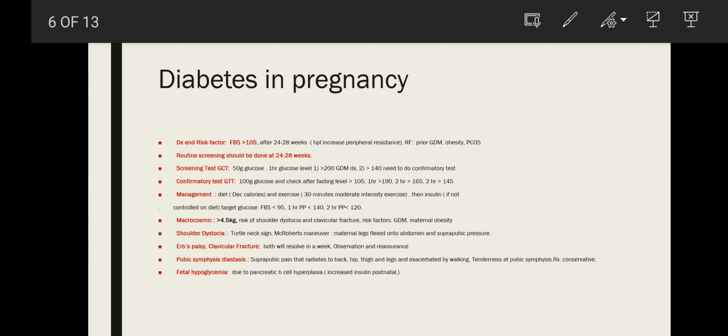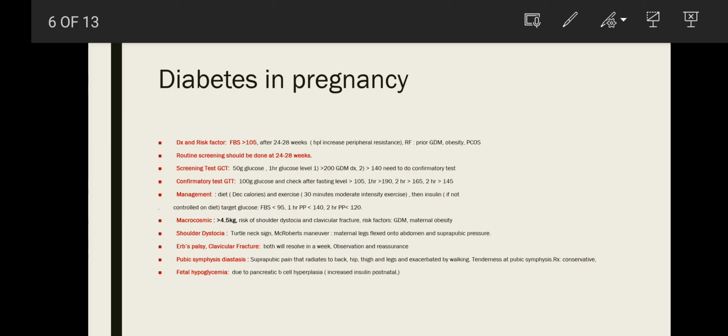Another condition is pubic symphysis diastasis, in which there is suprapubic pain which radiates to the back, hip, thigh and legs, and this pain is exacerbated by walking. We manage it conservatively with painkillers. This will resolve with time. All you need to do is give painkillers.